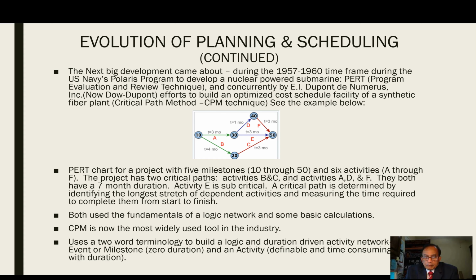See the example below, which shows a PERT chart for a project with 5 milestones, milestone 10 through 50, and 6 activities, A through F. The project has 2 critical paths: activities B and C, and activities A, D, and F. They both have a 7-month duration.